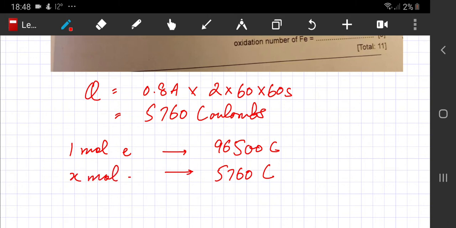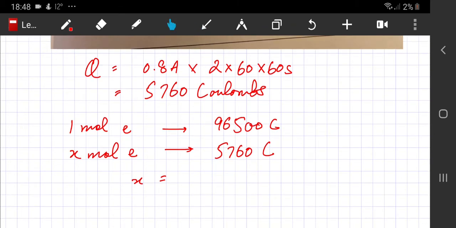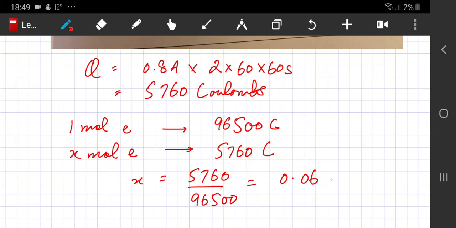So we're going to use ratios, and the value of x is going to come out to be 5760 divided by 96,500, and this value is coming out to be 0.06 moles of electrons.